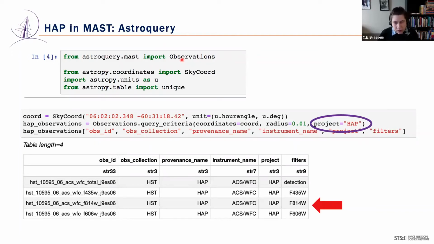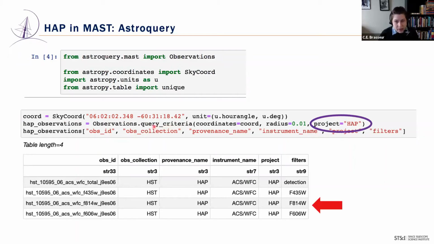So I'm going to perform essentially the same search that David performed at the beginning. I've made a SkyCoord object with the RA and Dec in the same format that David used, which is our angle and degree. And instead of just doing the straight up cone search, which I could do, it would be Observations.query_region, I've chosen to go into that advanced search that David showed you second.